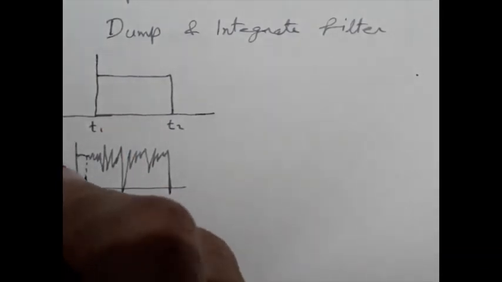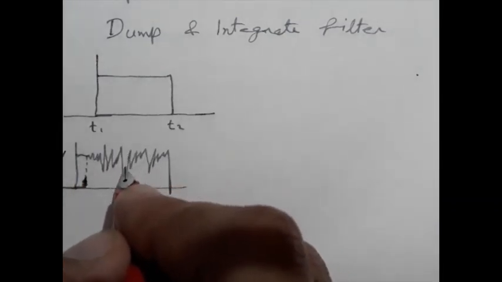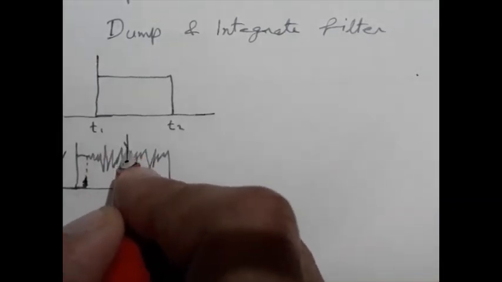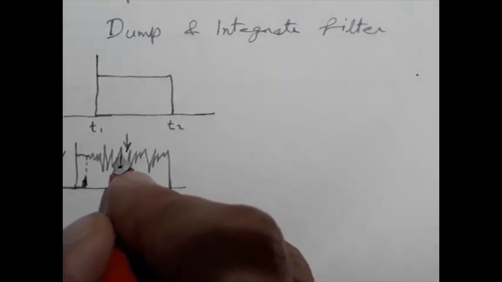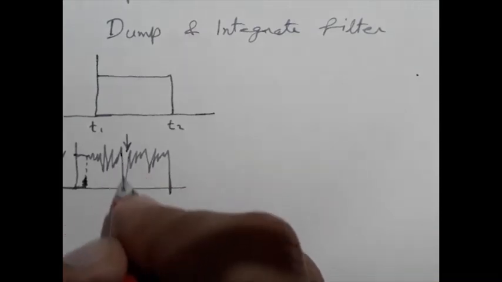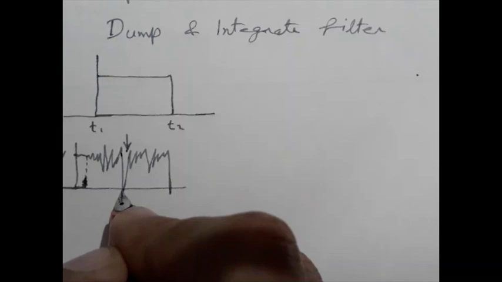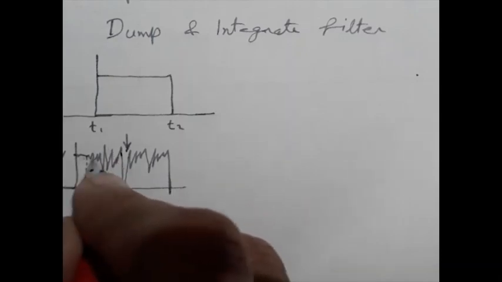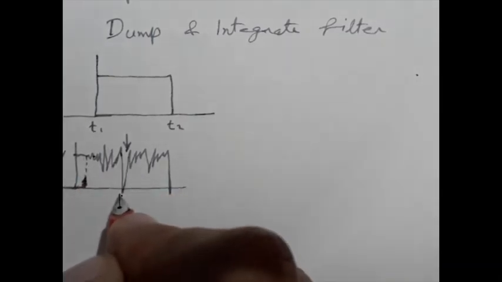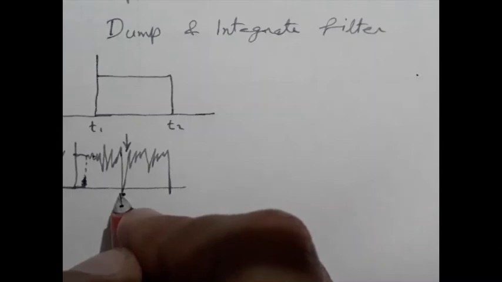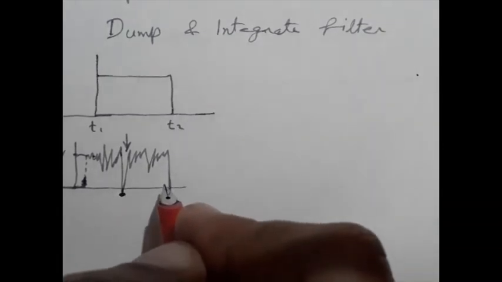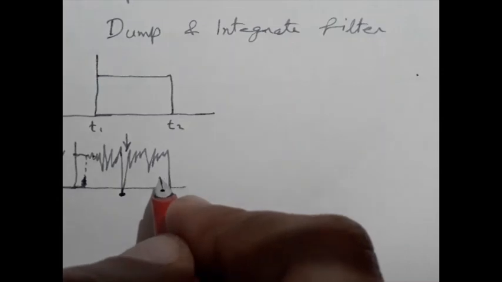And what happens when we take the sample? Say we are taking the sample at this time. At this particular time the signal value was V, but the noise voltage was more than V and in the opposite direction. So if we take the sample, instead of getting positive voltage, we will get some negative voltage, and our decision will be in favor of minus V volt, which is an error.